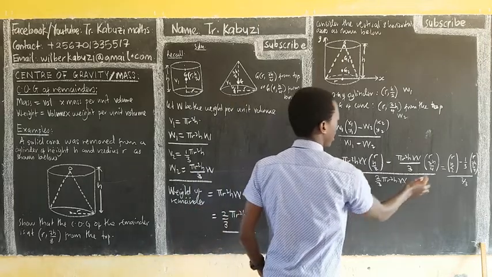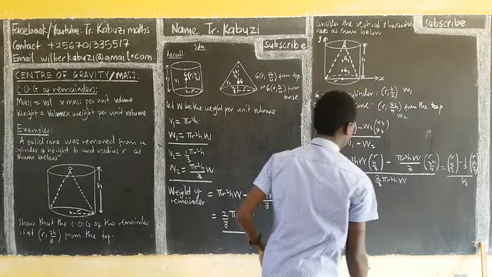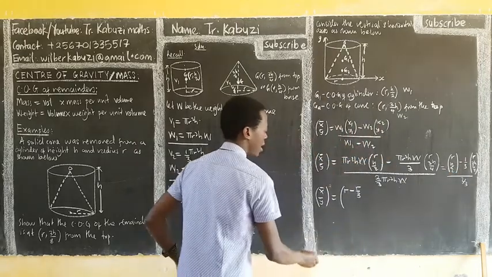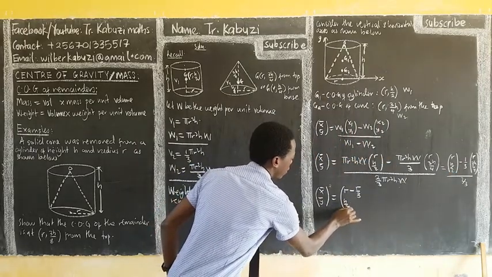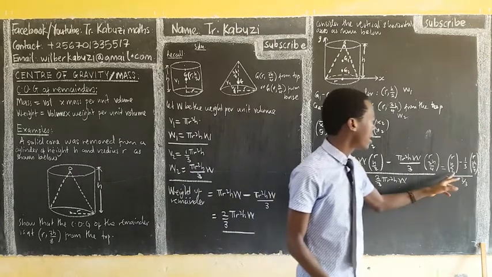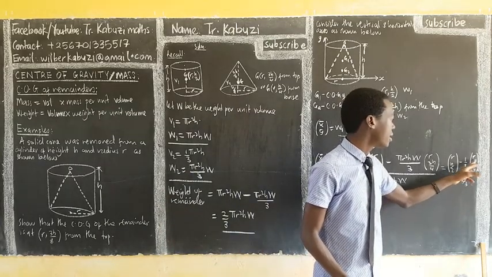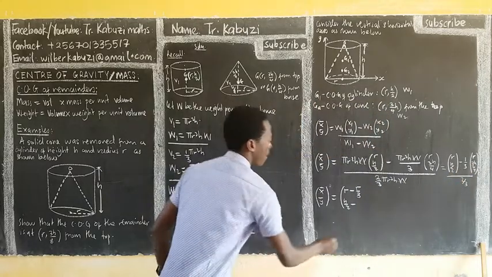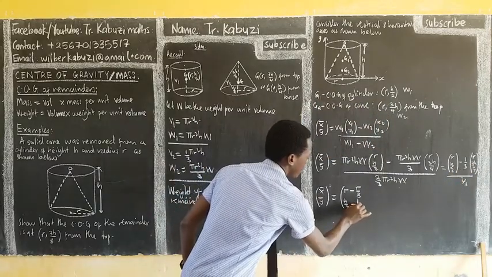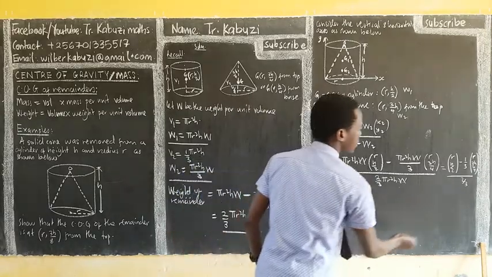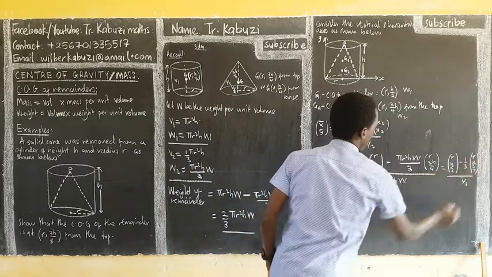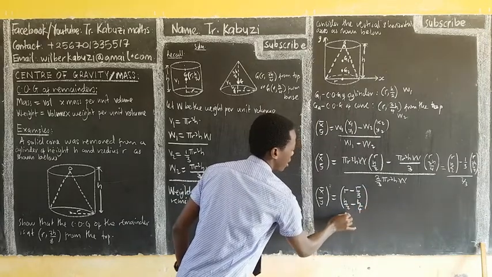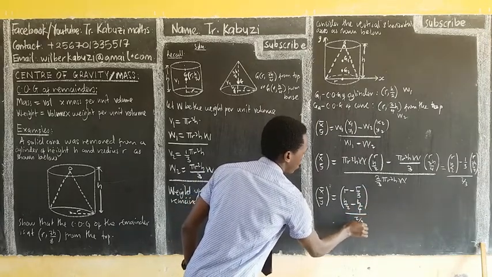Then h over 2 minus, the 3s cancel, h over 2 minus h over 4, the whole divided by 2 over 3.